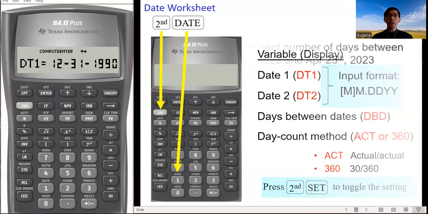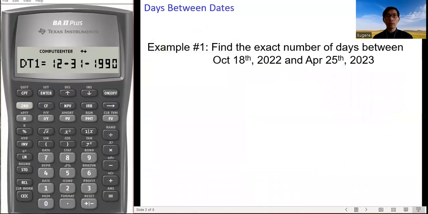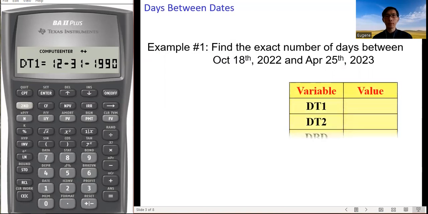Let's take a look at the first example. Find the exact number of days between October the 18th, 2022 and April 25th, 2023. The variable DT1, October 18th, 2022: key in the month 10, with a decimal point, and then the day 18, and then the last two digits of the year, 22.